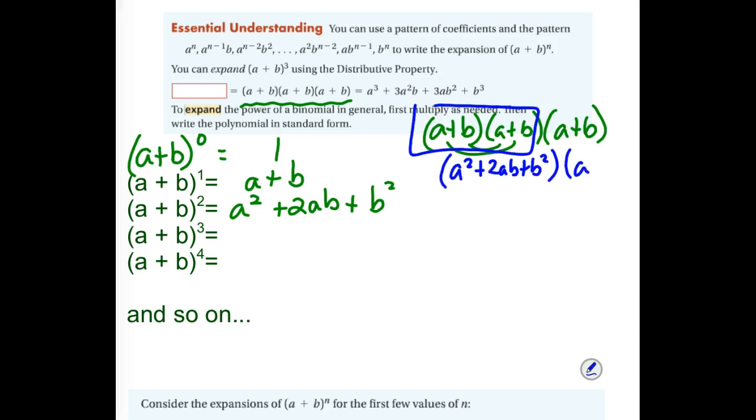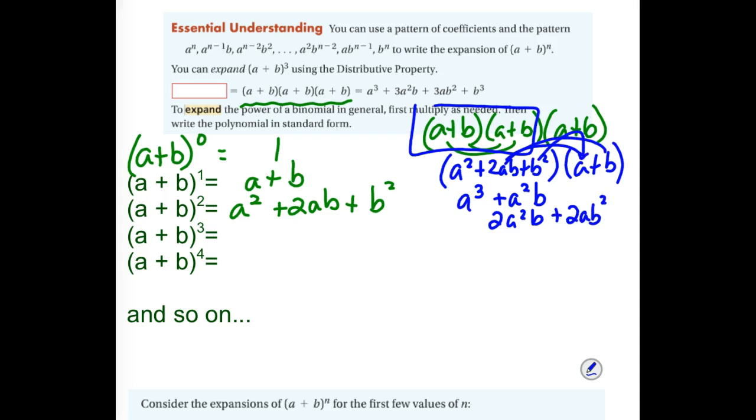What do I get when I multiply this together now? A squared times a is a cubed. A squared times b. Okay. Second term, I'm going to take 2ab times a. That's going to get me 2a squared b's. 2ab times b is 2ab squared.